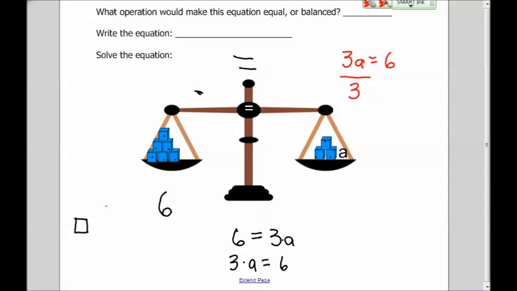So the A is going to be by itself. If I divide this side by 3 to make the A all by itself, I have to divide this side by 3. 6 divided by 3 is 2. So mathematically, that's how you answer this problem. That's how you do it if the numbers were really hard. I don't think our numbers are going to be so hard that you can't just do a basic math fact to figure them out, though. So let's try another one and see how it's going to work.